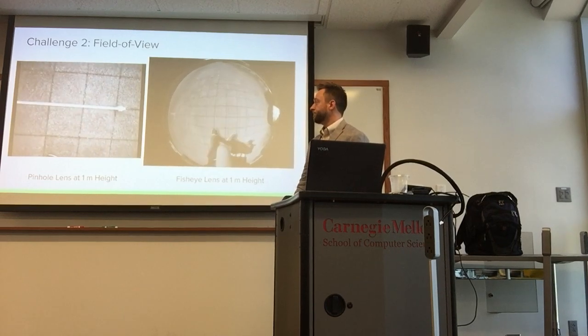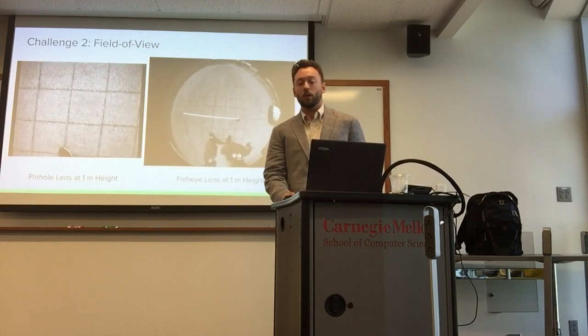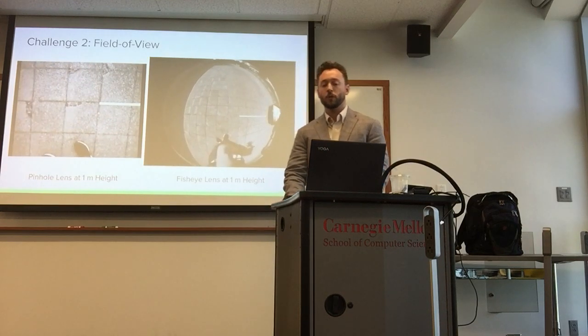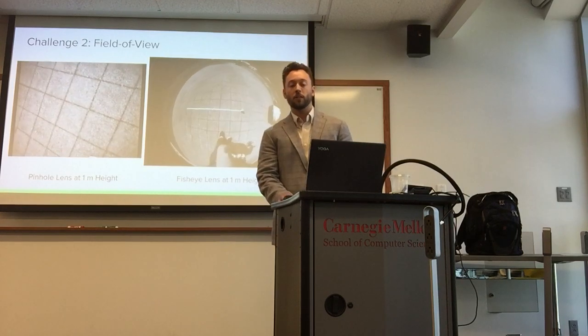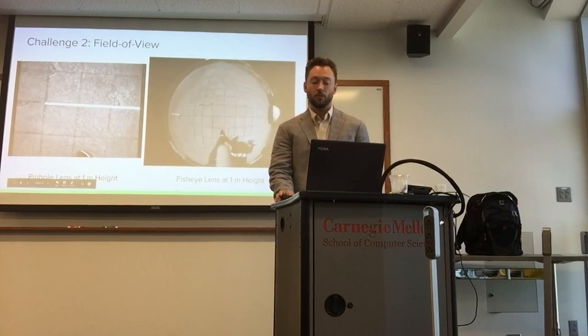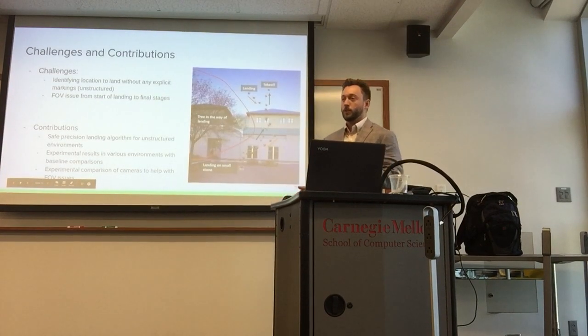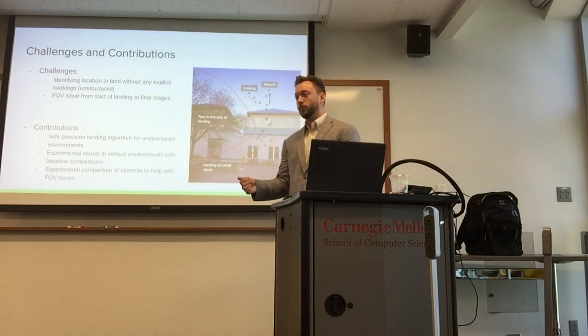So in our approach, we end up siding with the fisheye lens, but we wanted to verify how well they worked at the task. Our experimental results show a comparison between the two to validate our choice of the fisheye lens. Now, wrapping up the challenges and background, the main challenges, as I said, are identifying where to land.